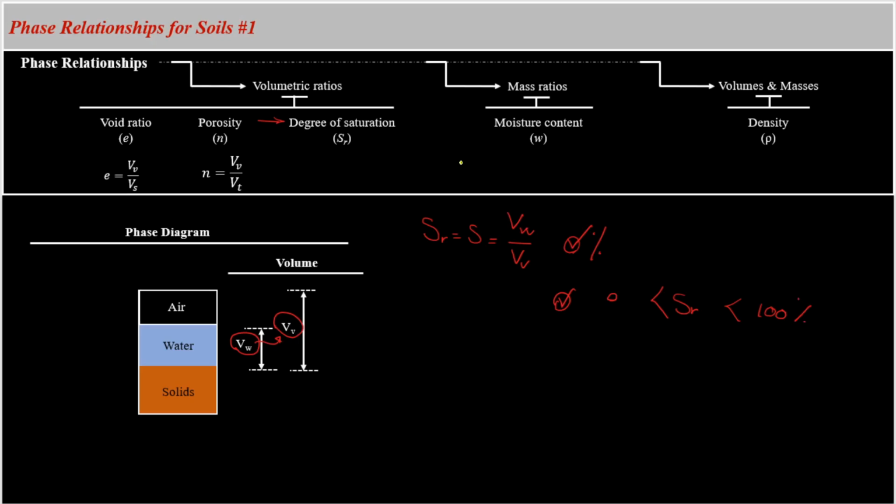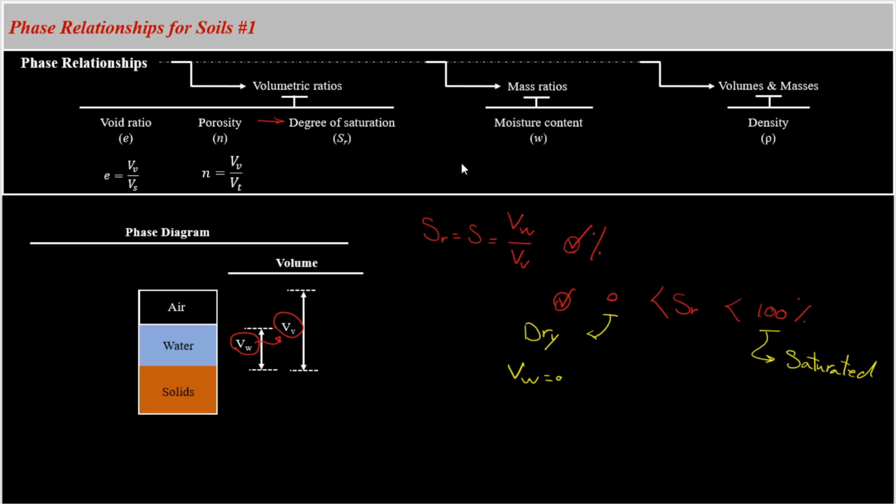When the degree of saturation is 0, the sample is called a dry sample. When it is 100%, the sample is called a saturated sample. In a dry sample, as you can see from the equation, the volume of water is equal to 0.